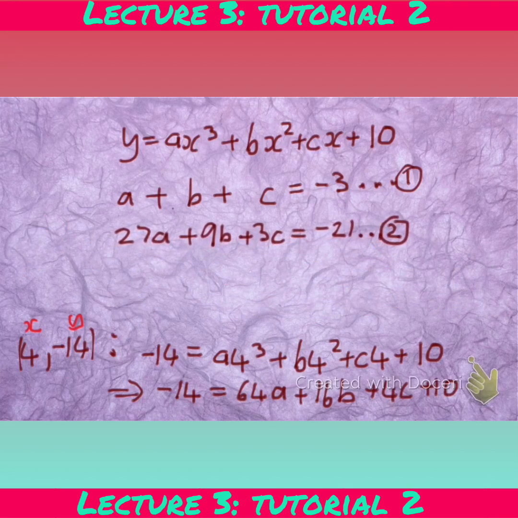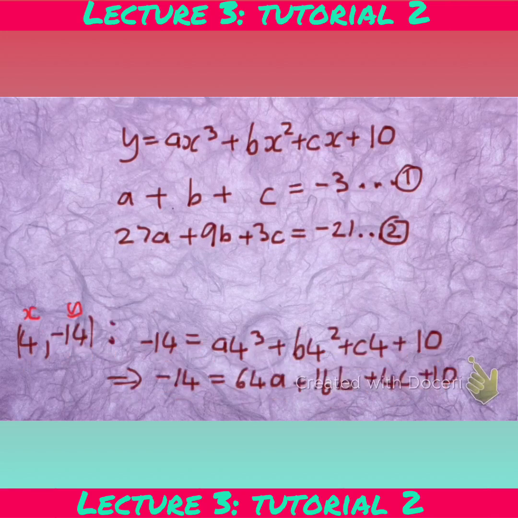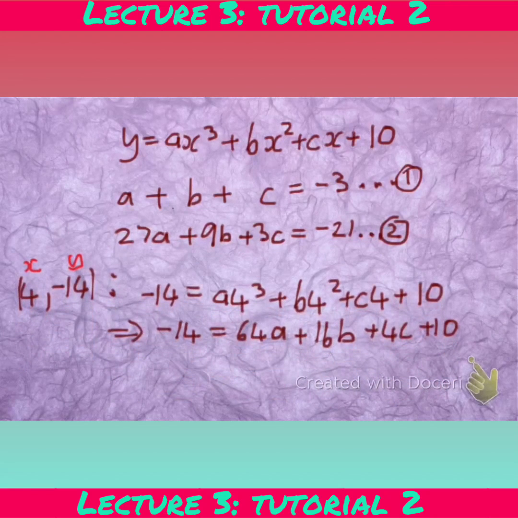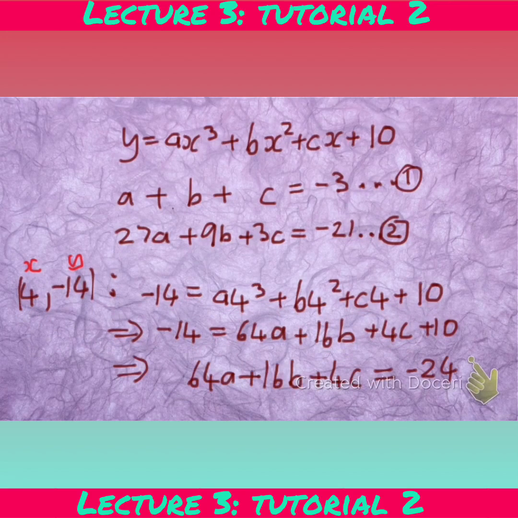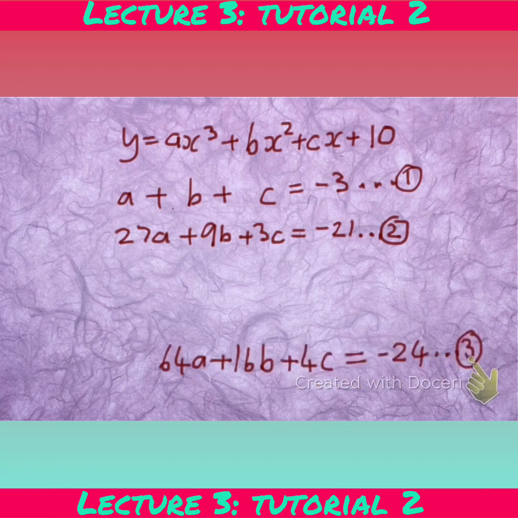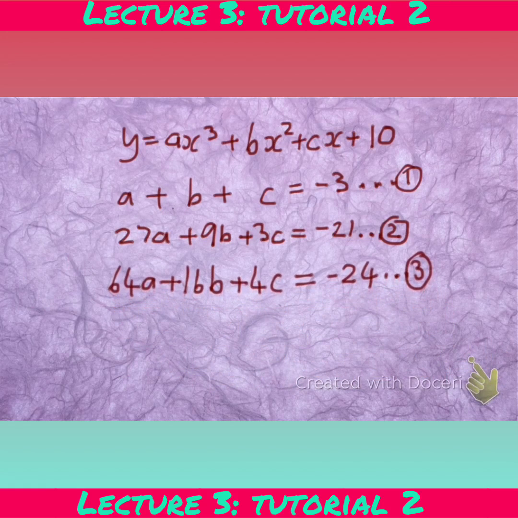Then we do a little bit more simplification to get our third equation. We're going to be left with 64a plus 16b plus 4c is equal to minus 24. So that is my third equation.